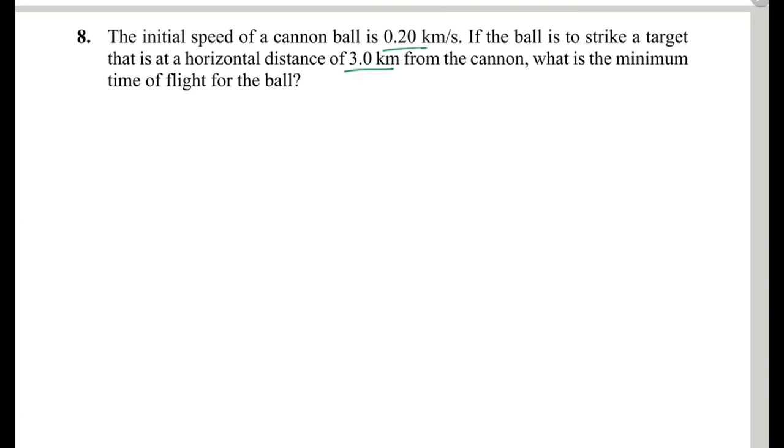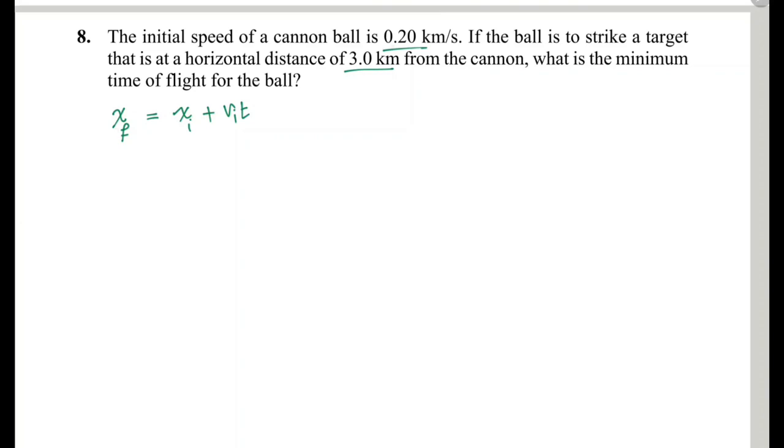Now, to solve this, the horizontal distance x final equals x initial plus the initial velocity times t, and remember, in projectile motion, there is no acceleration on x, so a_x equals 0.